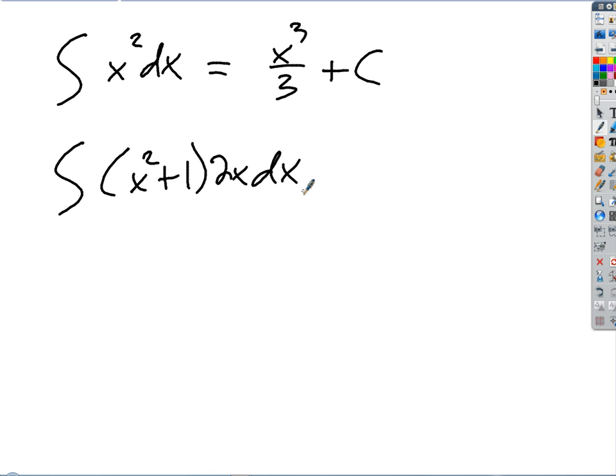What we would have to do is distribute the 2x through, and then just anti-differentiate term by term. Agreed? If there's a product, it gets more complicated, because remember that when we differentiated a product, we had to use the product rule, and you can imagine anti-differentiation, which gets more complicated than differentiation, is even worse. So there is no product rule for anti-differentiation.